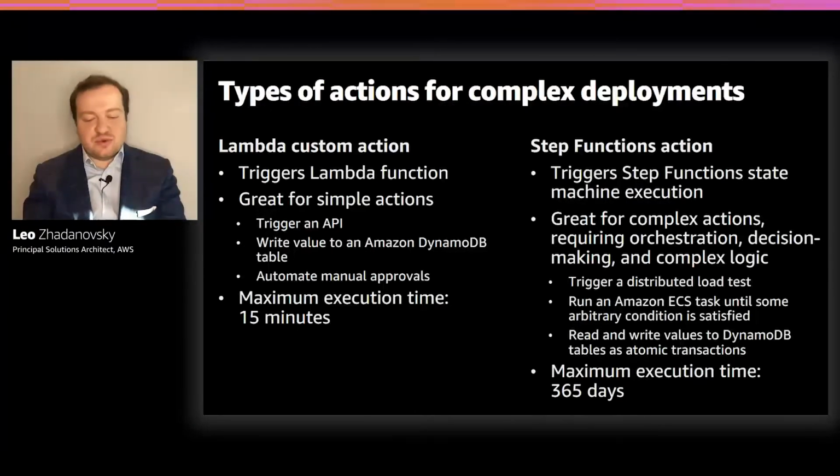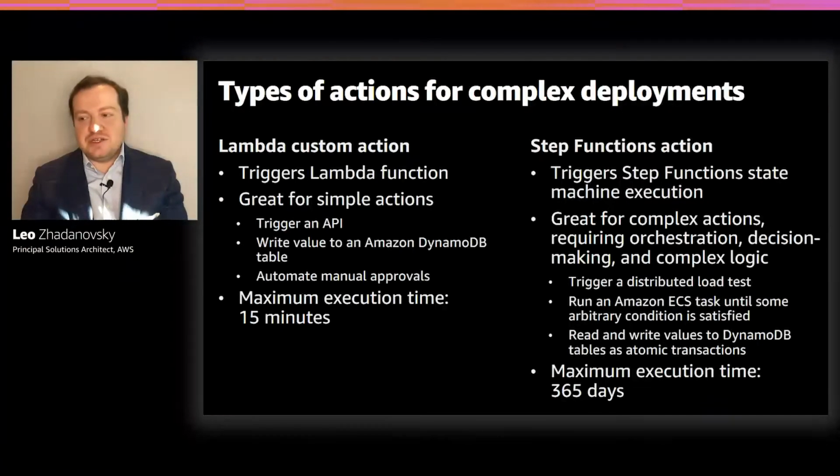For example, you have a manual approval step in your pipeline, but instead of manually hitting approve, you trigger a Lambda function that checks a bunch of, say, monitoring conditions, and if they're within an acceptable range, it hits approve on your pipeline. The maximum execution time for a Lambda custom action is 15 minutes, so that's something to keep in mind.